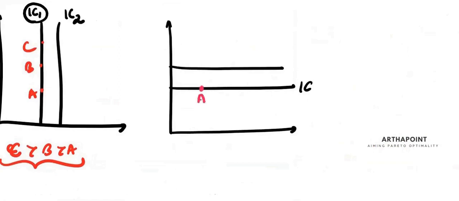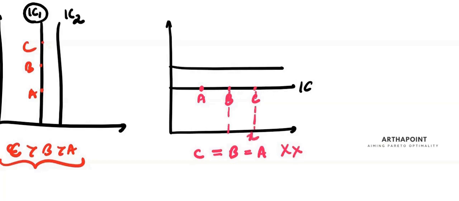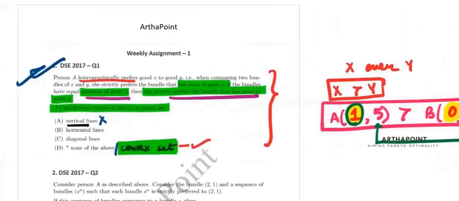I take a point A, a point B, a point C. If A, B, and C are on the same indifference curve, utility from A should be equal to B, should be equal to C. However, this is not true because C has more of good X than B and B has more of good X than A. So C should be preferred over B, which should be preferred over A. So they should not be on the same indifference curve. Again, this eliminates horizontal lines.